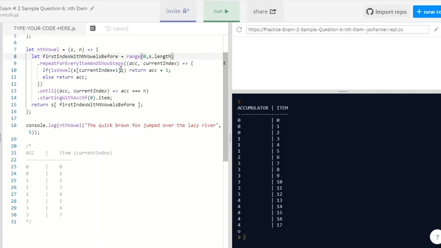So you want to actually make this a minus 1. That would be the furthest that you go. So that's another change here.